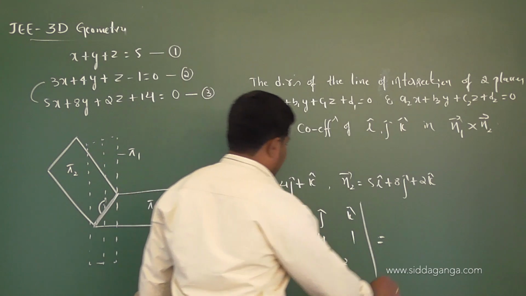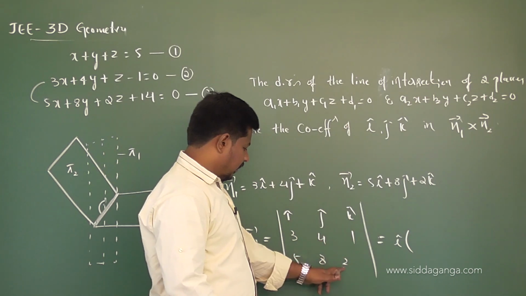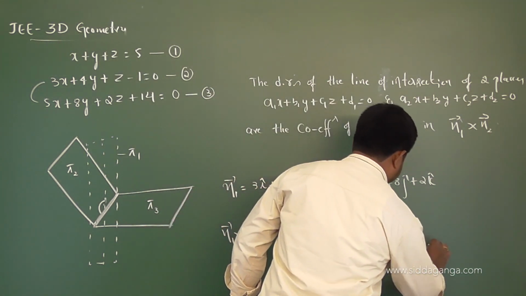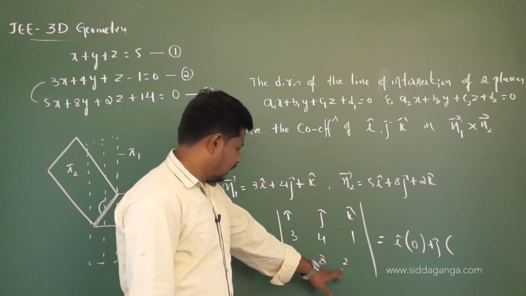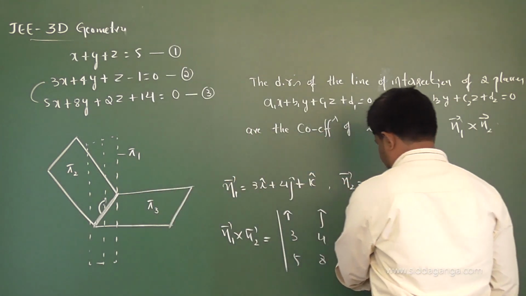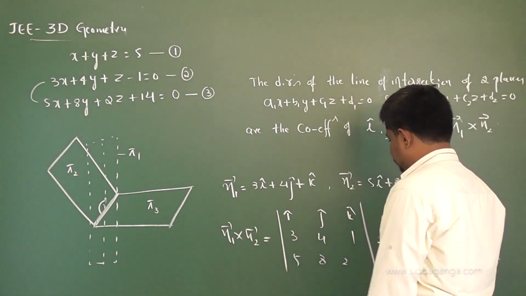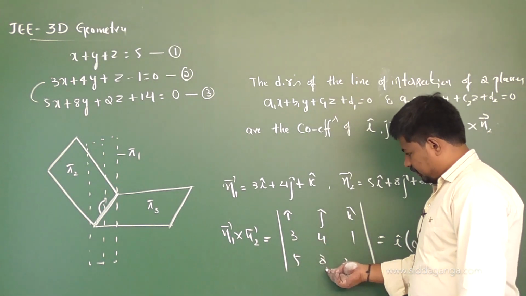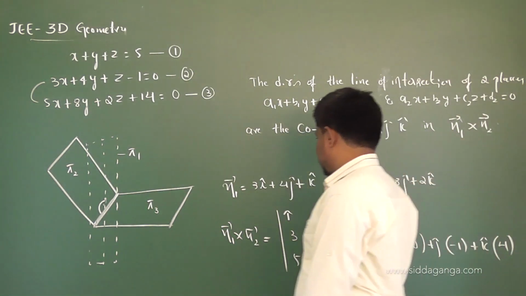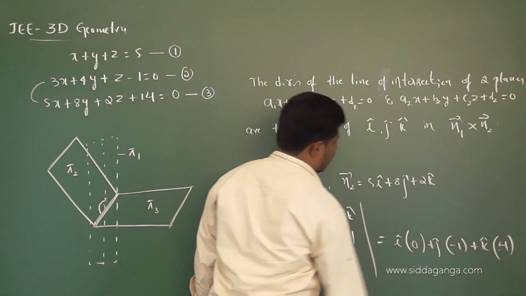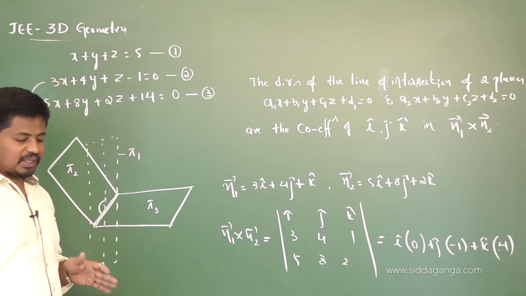This gives i into 4 times 2 minus 8, so 0, plus j into 5 minus 6, that is minus 1, plus k into 8 times 3 is 24 minus 20. So observe here, 0, minus 1, 4 are the direction ratios of the line of intersection.